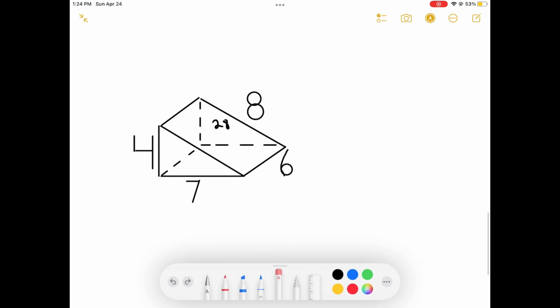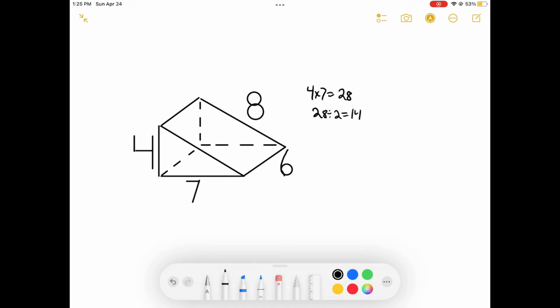So here we have our next problem. We're going to find the surface area of this. Now hopefully you all remember how to find the area of the triangle from my last video. So here we're going to do 4 times 7, which equals 28, right? 28 divided by 2 equals 14.